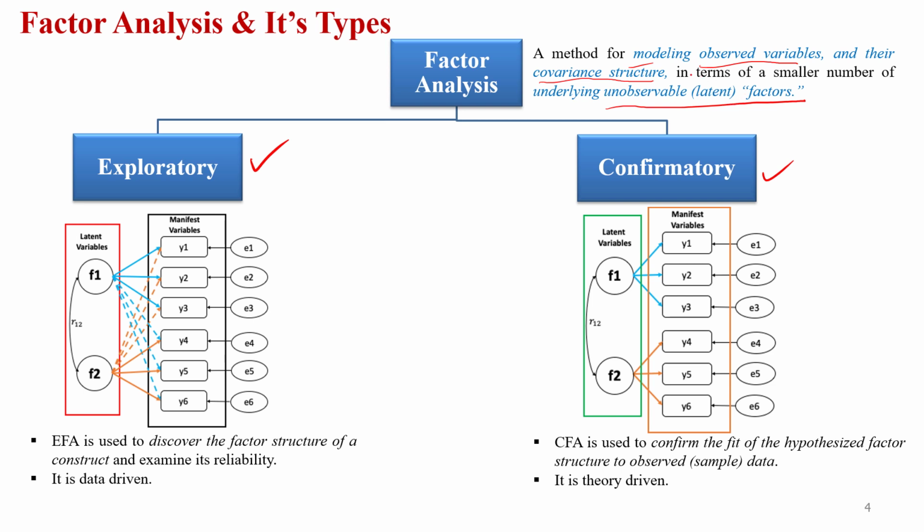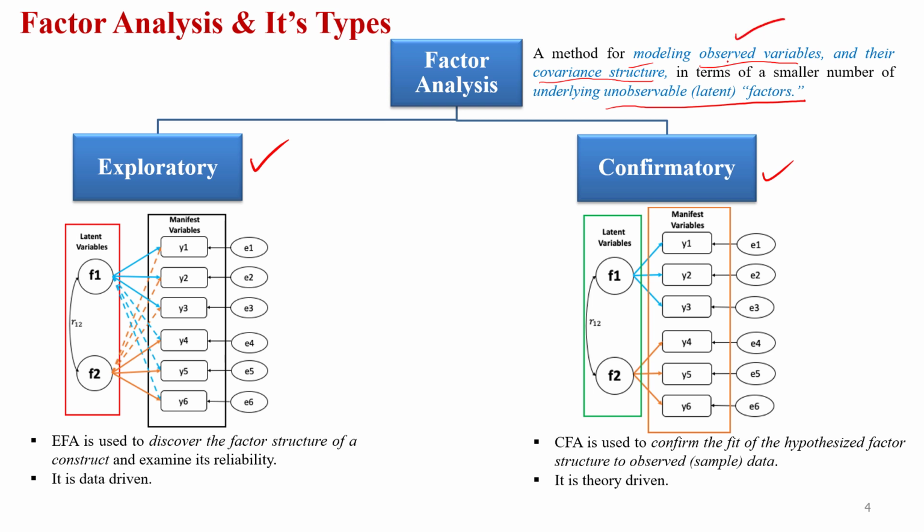For example, we want to check the happiness of the customer, or the satisfaction level of the customer. We cannot directly measure the happiness or the satisfaction level of the customer. What we do is develop a questionnaire which we observe directly.